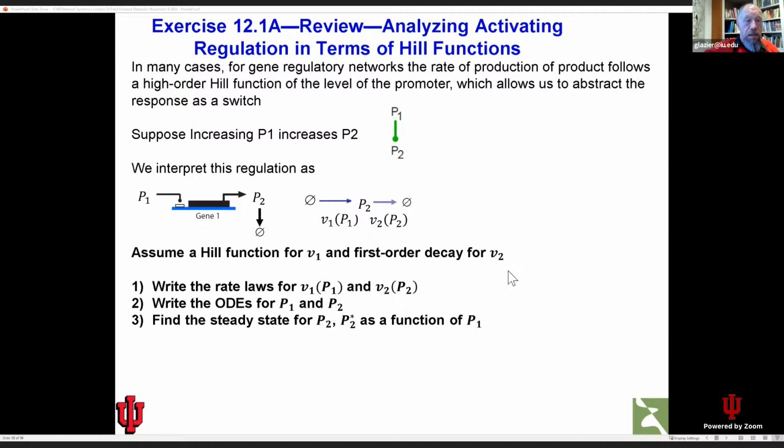And if that's not a clear exercise, then please let me speak up and I'll do my best to clarify. And if people get ahead of the game and you want to be ambitious, you could ask the question, if I include a step which has messenger RNA, so you have transcription and then translation as separate steps, what do the rate laws and ODEs look like?